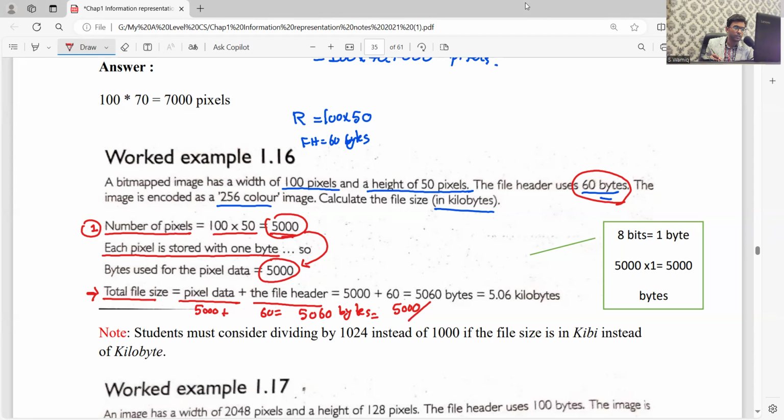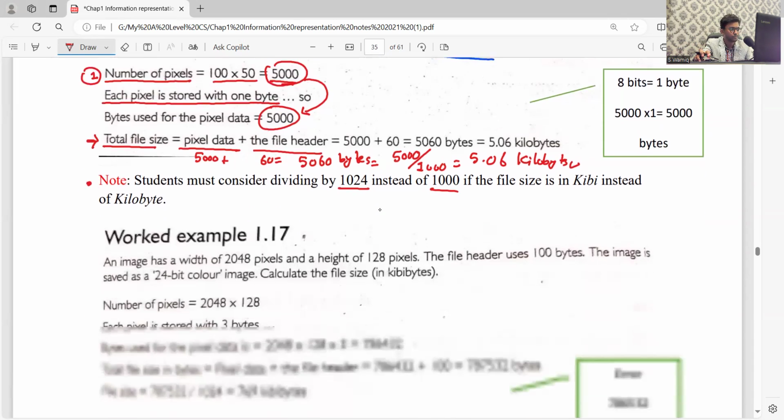Students must consider dividing by 1024 instead of 1,000 if the file size is in KiB instead of kilobytes. These are some precautions that you need to take. But right now I think we are referring to kilobytes. So if I divide by 1,000, the answer I have right here is 5.06 kilobytes. So this is the final answer. I hope this worked example is clear to you.